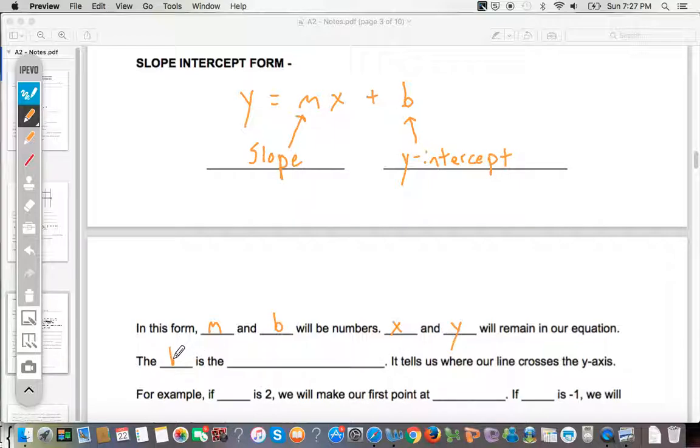So the b, as we just said, is the y-intercept. It tells us where our line crosses the y-axis, so our vertical axis. Whatever this b is, that's where our line will cross the y-axis. For example, if b is 2, we will make our first point at coordinate (0, 2), which means we're going nowhere on the x-axis and we're going up 2 on the y-axis.